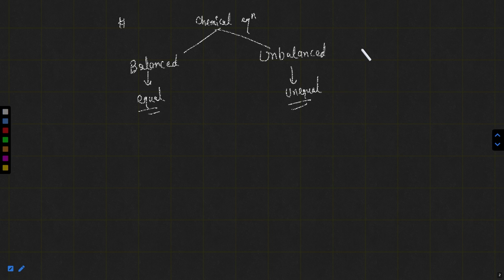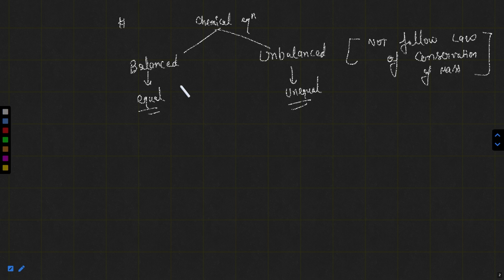But an unbalanced chemical equation does not follow the law of conservation of mass, while a balanced one follows the law of conservation of mass.